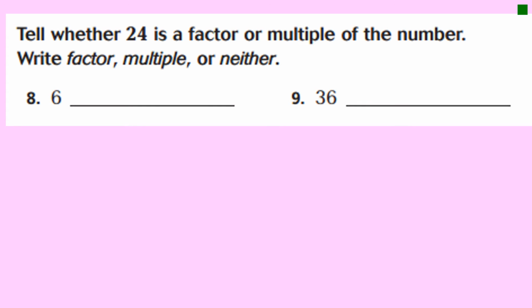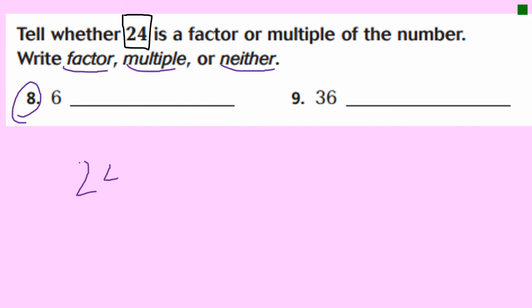Okay, let's take a look at this one. This is gigantic looking, isn't it? The writing. Okay, tell whether 24 is a factor or multiple of the number. So is 24 a factor or multiple of the number? And so the answer is going to be either factor, multiple, or neither. Wow. So here's number 8 now.